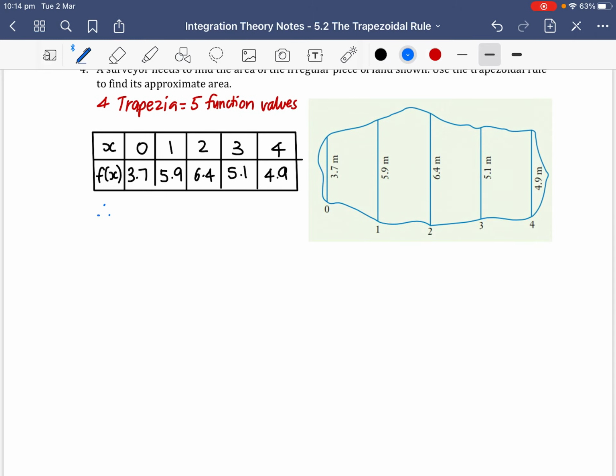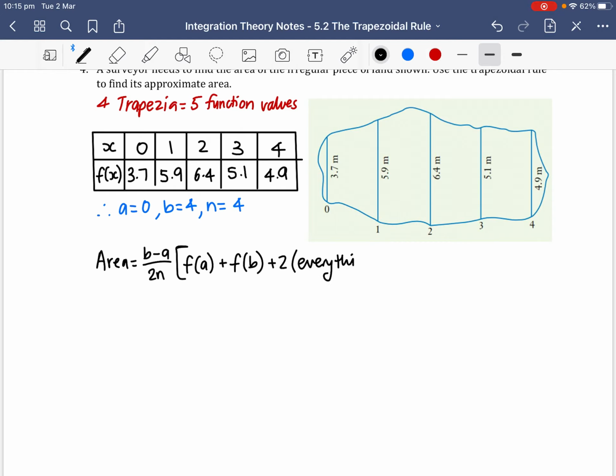So using this, we therefore have that a is 0 because it's our smallest, b is 4, and our n is also equal to 4 because we have 4 areas here, or 4 trapeziums. So we can substitute this into our trapezoidal rule, and instead of writing our integral, we're going to write area equals b minus a over 2n of f of a plus f of b plus 2 lots of everything else.